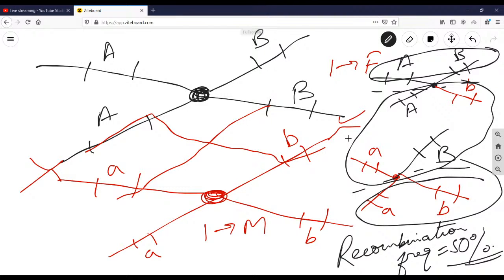So after this recombination happens, the synaptonemal complex must be dissolved, dissolution must happen, and then disjunction, or separation of the chromosomes, should take place at chiasmata. Now if this disjunction doesn't happen properly, then what will happen? If disjunction is not happening, that is known as non-disjunction.